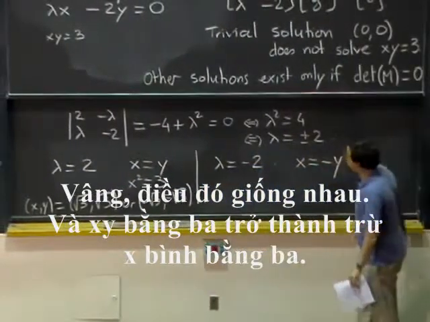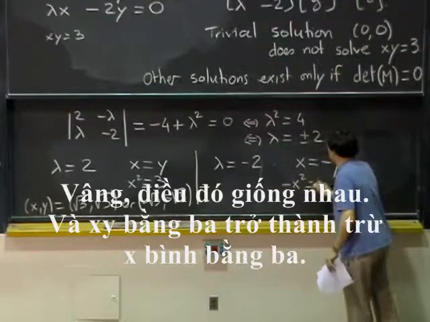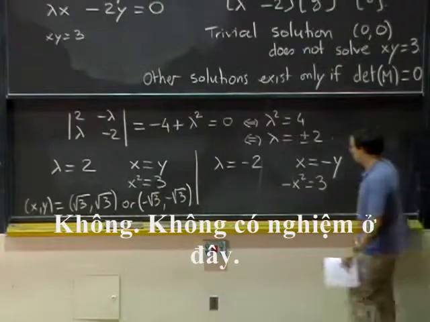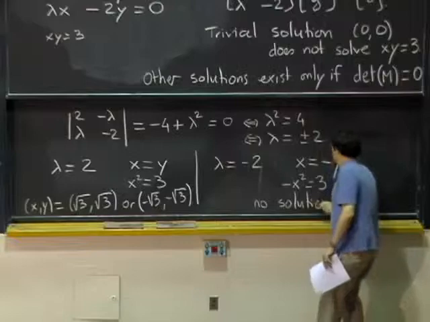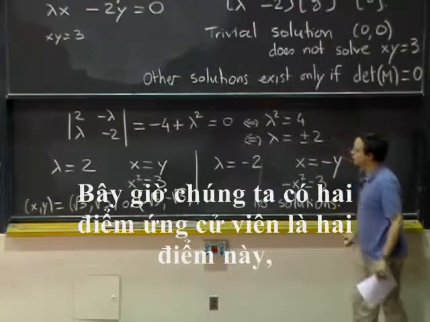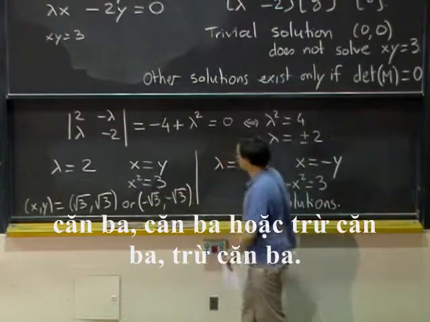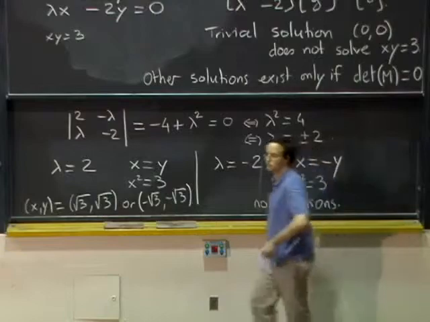And xy equals 3 becomes negative x squared equals 3. Can we solve that? No. Okay, so there's no solutions here. So now we have two candidate points, root 3, root 3, or negative root 3, negative root 3.